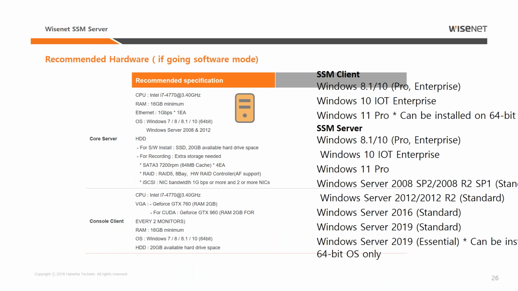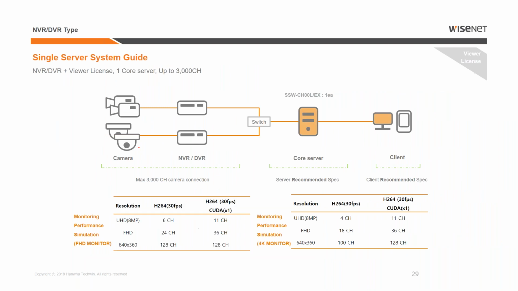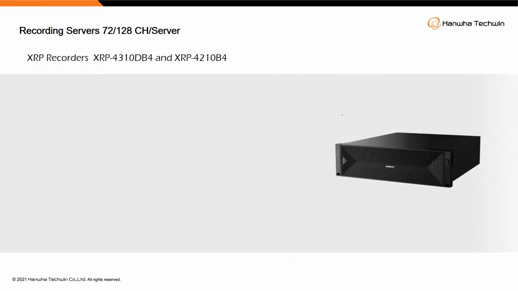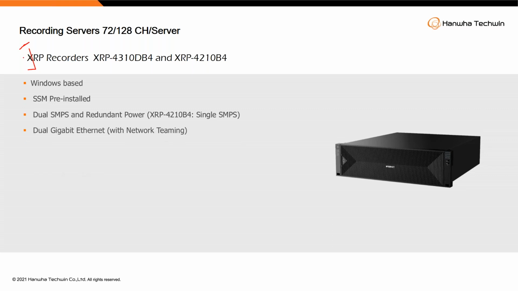Our spec is actually using Xeon E31275. If you open the datasheet of this XRP or even PRP, whatever spec is there, just copy the same spec and you can achieve 128 cameras.